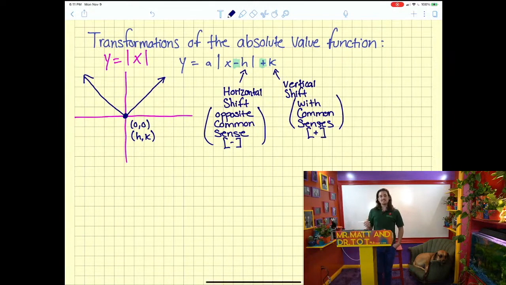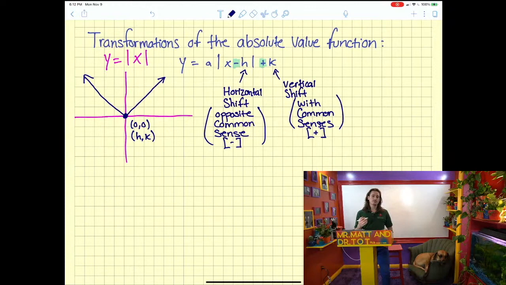So when you see something inside of the absolute value bars, next to the x, that h going directly after the x inside of the bars, the result will be opposite of its sign. If we know that h is the horizontal shift factor, that means it's changing the x coordinate of the vertex.